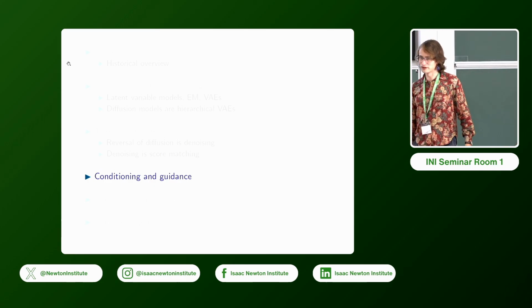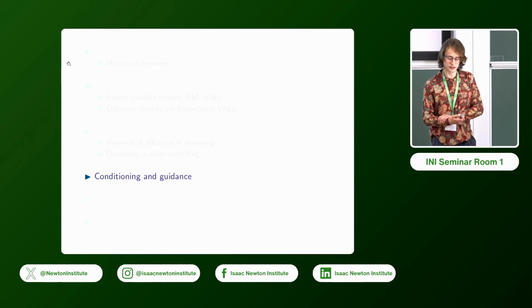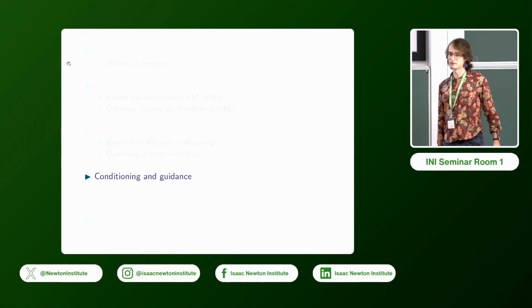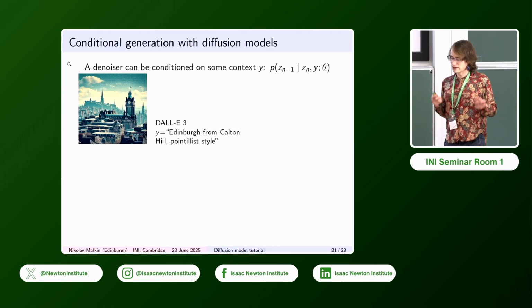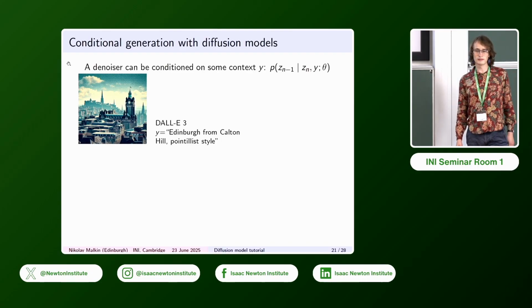So now let's talk about conditioning and guidance, which is important in many applications of diffusion models for Bayesian inference, and, well, really most places where they're practically deployed. Now, like any generative model that has neural networks involved, a diffusion model can be made conditional.